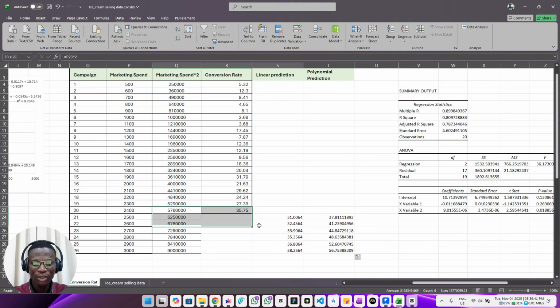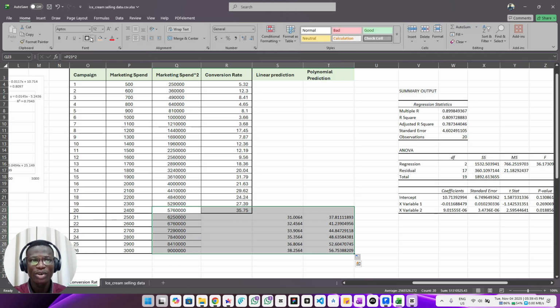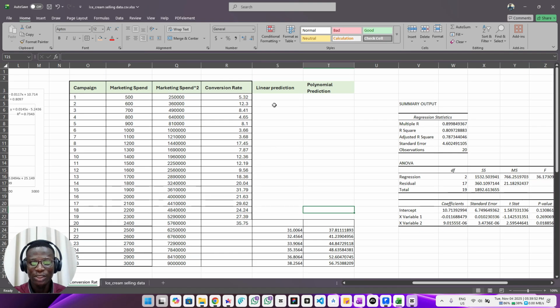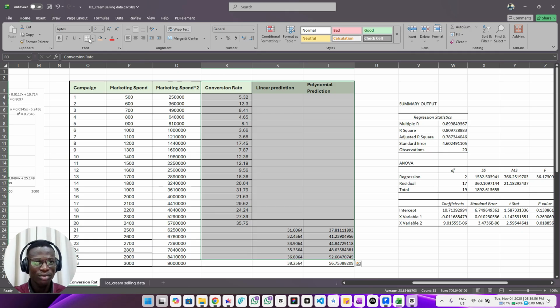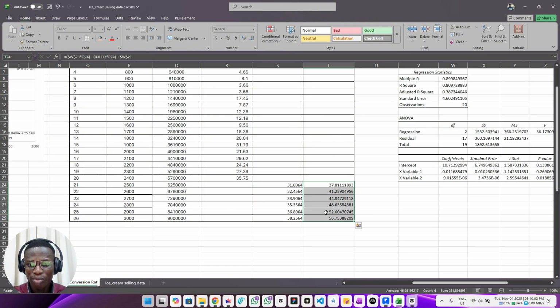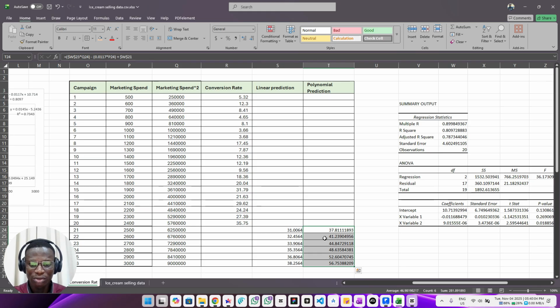So with this, we can see that our model wasn't able to perform very well using the linear regression, right? So we can see it here, which is not too good. But with our polynomial regression, our model was able to predict the values very well, because if you can see the data, it was rising and rising.